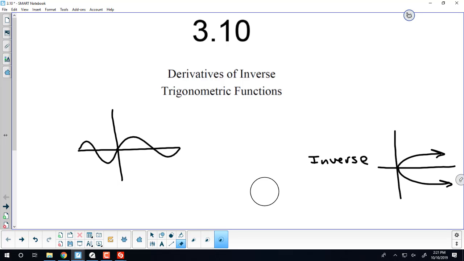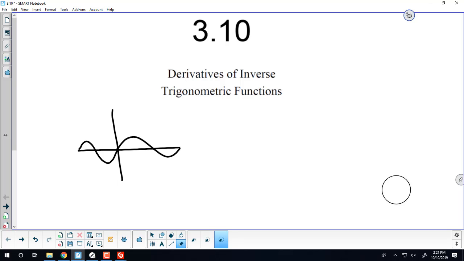Sine and cosine were not 1-to-1, so before we look at the inverse, we want to ensure the inverse is also a function. Therefore, we have to modify sine and cosine so that they are 1-to-1. We said just forget about the rest of the sine graph. Now the sine function is 1-to-1, and when we talk about that inverse, it will also be a function.